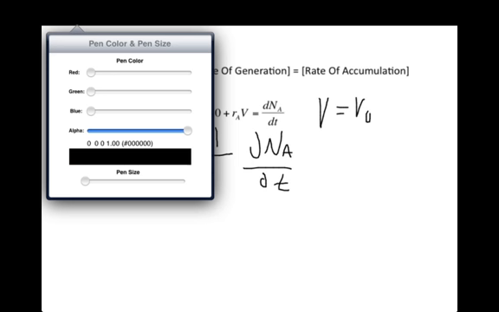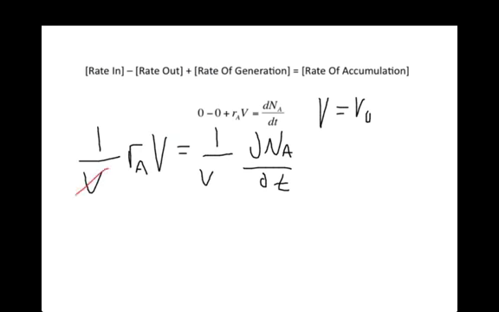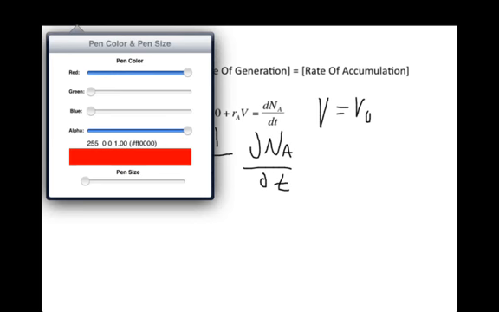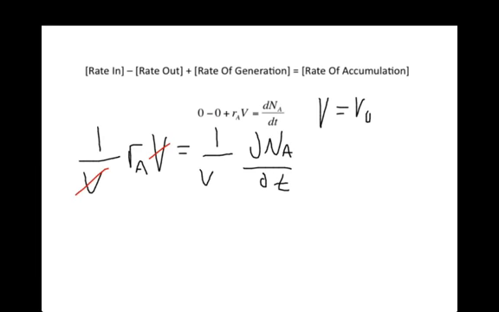Of course, on the left side, our volumes cancel, and on the right side, because our volume is constant and thus independent of time, we can see that we're able to put our volume inside our derivative, such that we have the rate of formation of A is equal to the derivative of Na over V, all with respect to time.